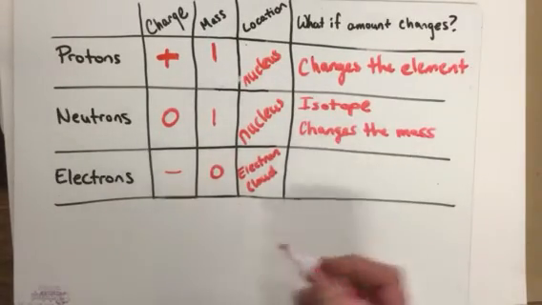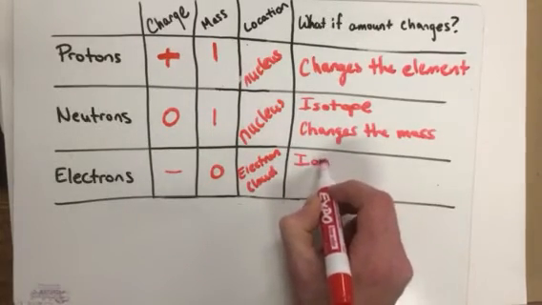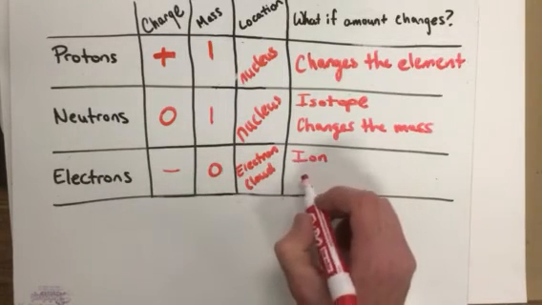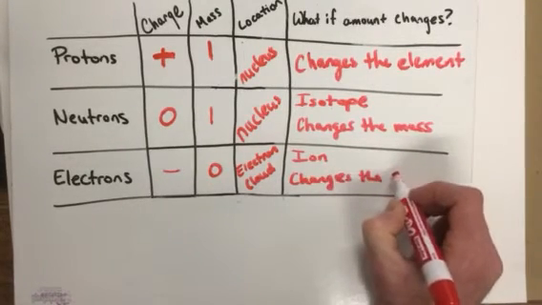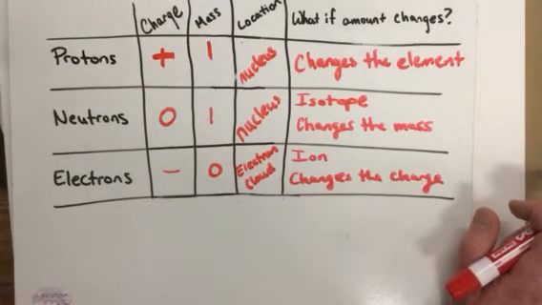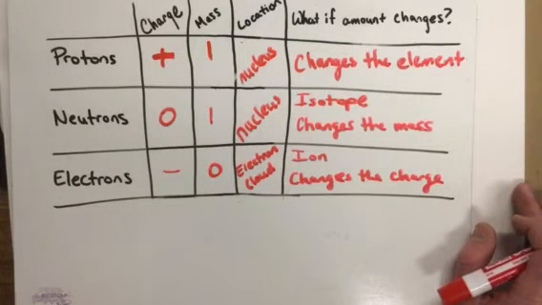Okay. And electrons. If you change the number of electrons, you get something we call an ion. And it's not going to change the mass, but it will change the charge. So if we have, let's go with carbon again, even though this is maybe a silly example, carbon normally has 6 protons, and in order to be neutral, it would need 6 electrons.